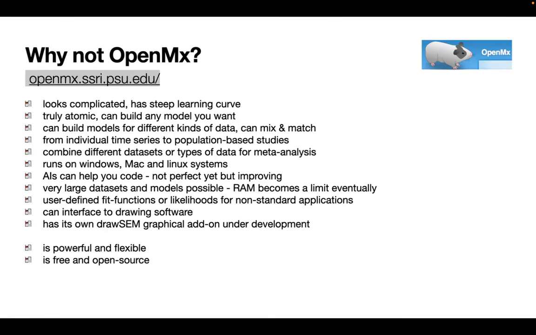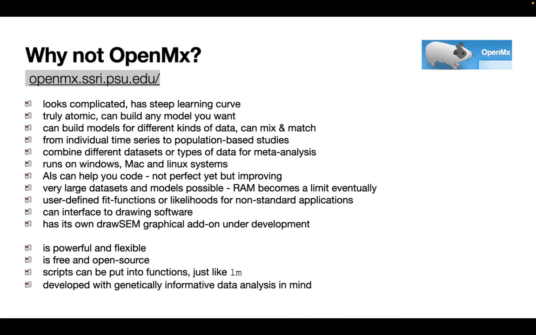It is free and open source. Scripts can be put into functions just like lm, so they become a one-liner. And the software was developed with genetically informative data analysis in mind, and so there's a lot of code out there to do the typical kind of models that you would fit when you have access to data from relatives.